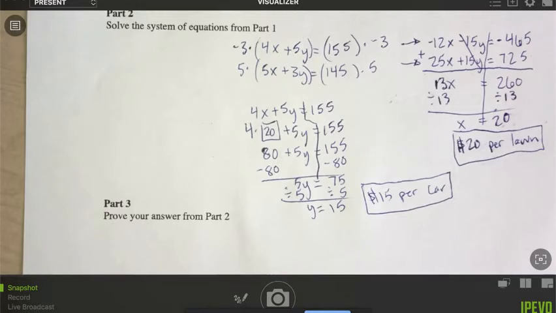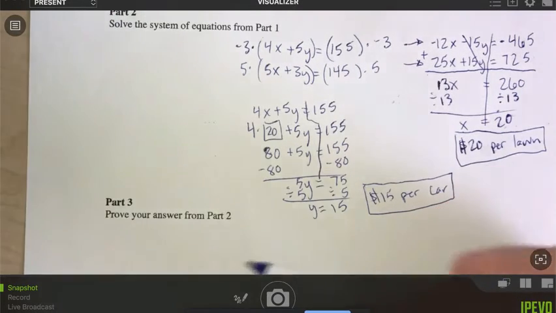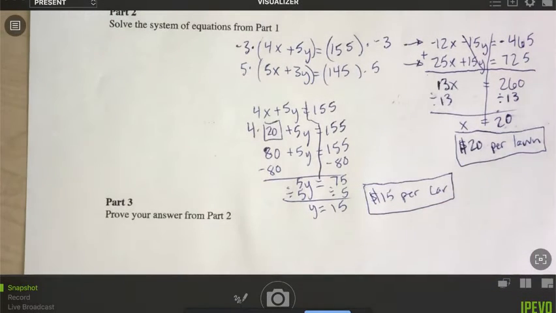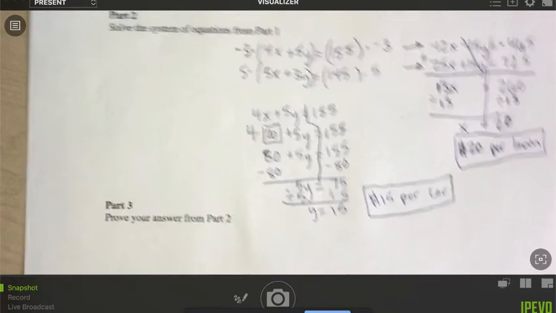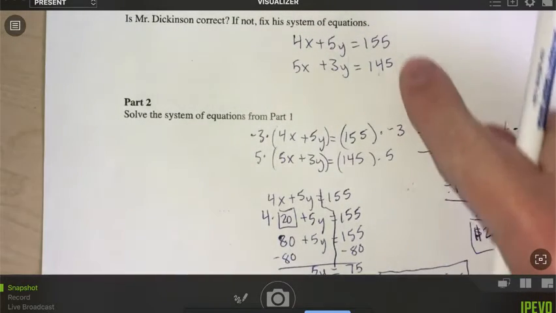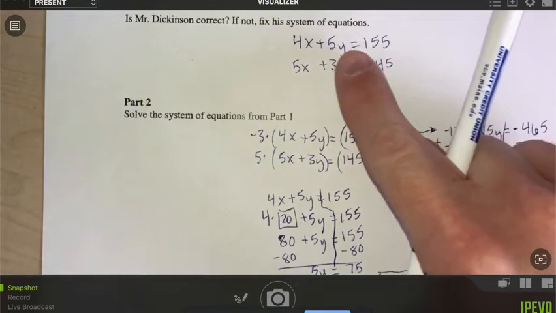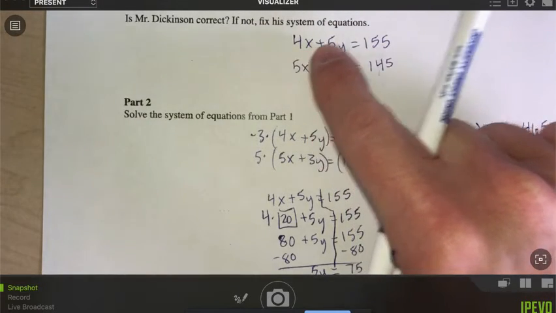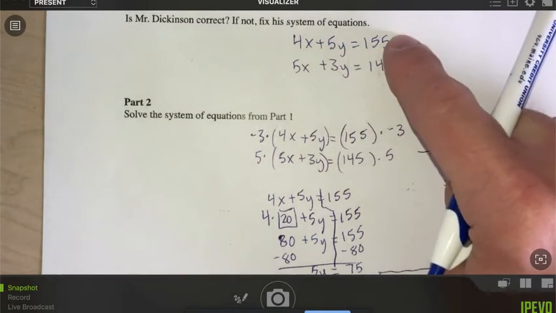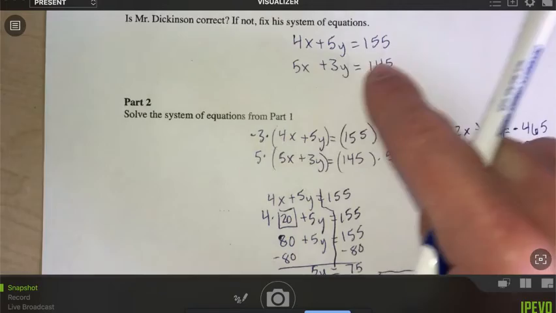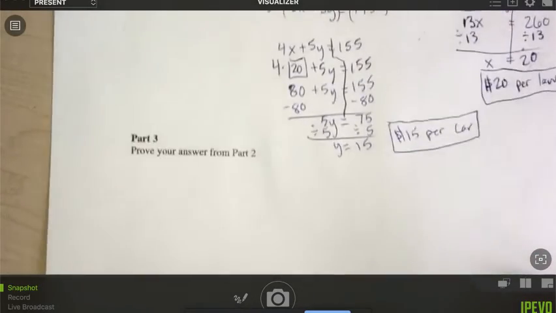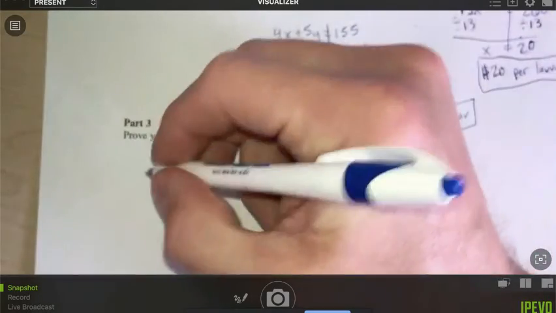So now part 3 is basically saying, can you prove your answer? And I want to shy away from the graphs. So what does it mean for our answers to be true? Well, what it means is it makes both of these situations here true. Meaning, if I put in 20 and 15, I should get a total of 155. And if I put in 20 and 15, I should get a total of 145. So let's just verify that.